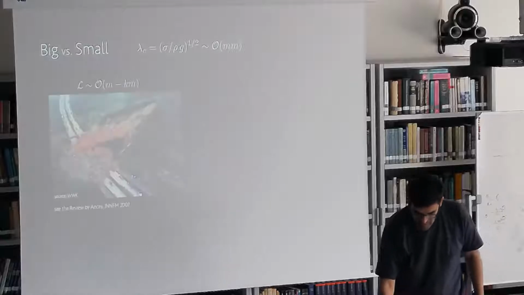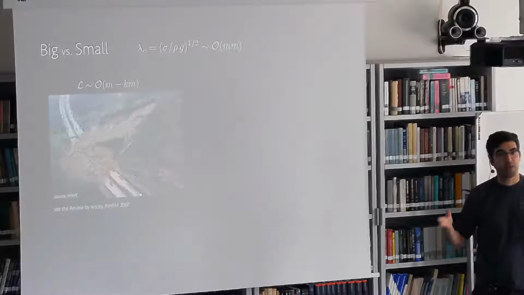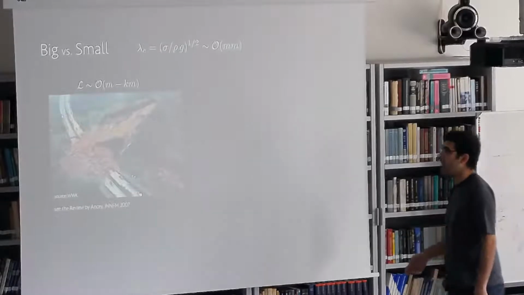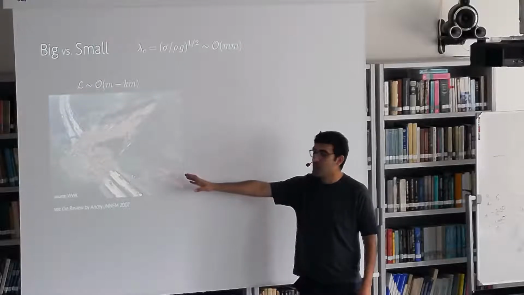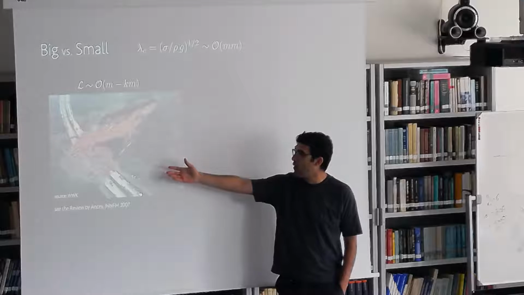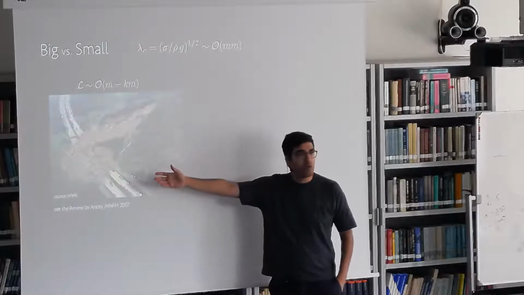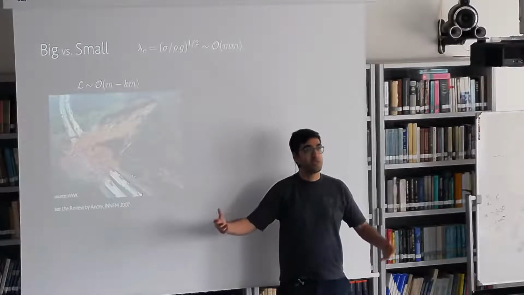So there is a large body of work on flow of viscoplastic or yield stress materials at very, very large scales, order of meters or kilometers, and that's mostly related to geophysical applications. Here is an example of mudslides in California. You can model such phenomena with a viscoplastic or yield stress material.